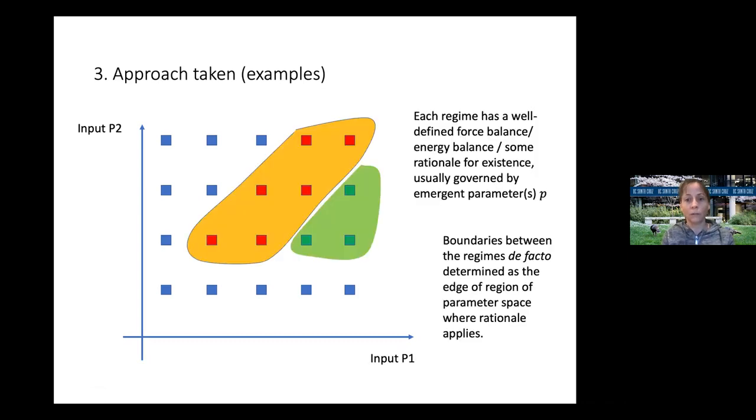Then you work very, very hard to figure out what's special about each grouping. And usually you try to identify some kind of force balance or energy balance or some rationale for what you're seeing that is quantitative. And that rationale should not only explain what happens in the group, but also explain the boundary with the next group, because that's usually when that rationale breaks down.